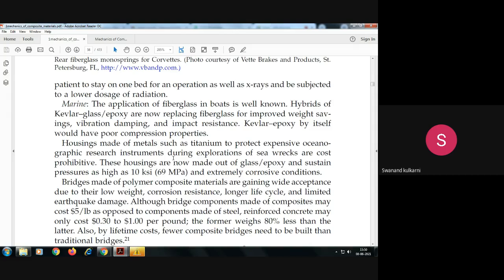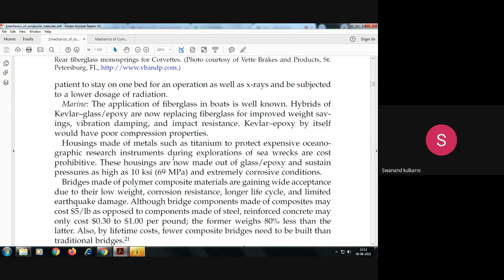Is it okay? So again, housings made of metal such as titanium to protect expensive oceanographic research instruments during exploration of sea wrecks are cost prohibitive. Now here you can see the titanium material is a very costly material. So there is an alternative to this titanium material.